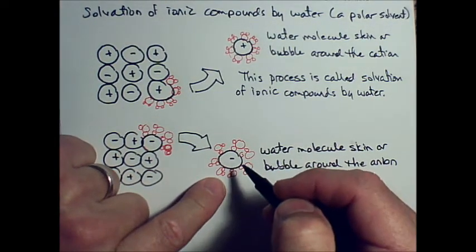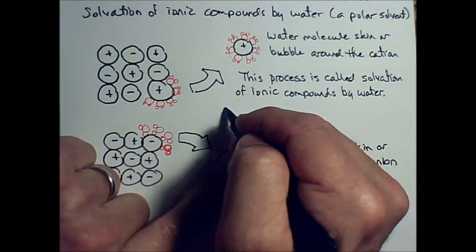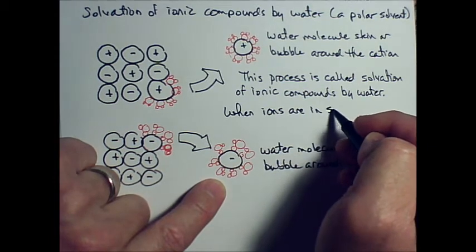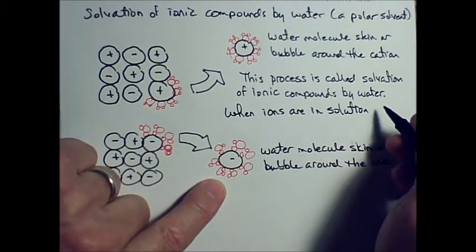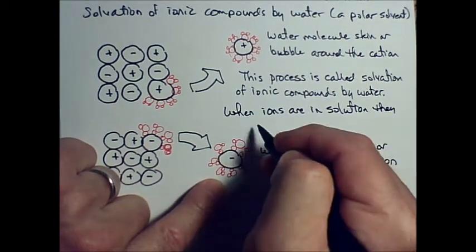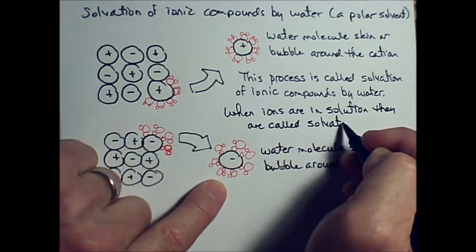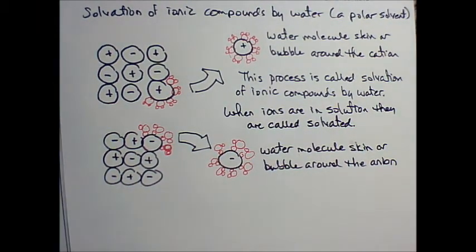And once the ions are in the solution, they are called solvated. Okay? The process is called solvation. The whole process of partially surrounding the corner here, then breaking it loose and being completely surrounded, that whole process is called solvation. And once that process is complete, the ion is referred to as being solvated.